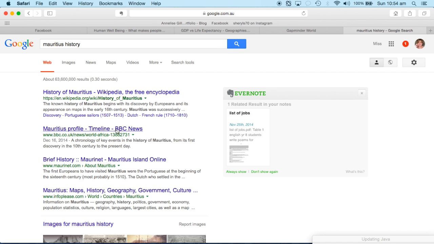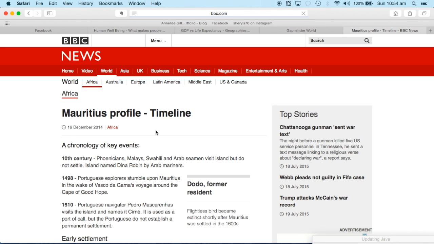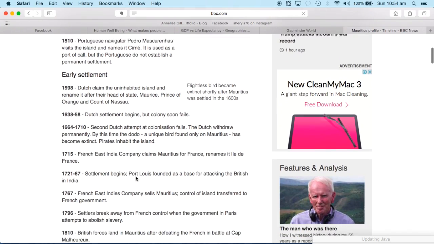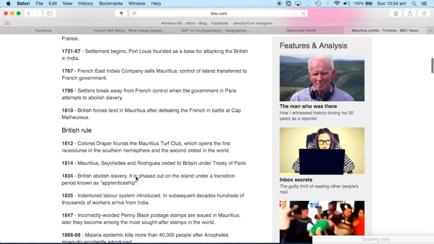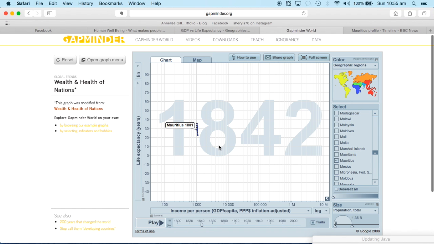Okay, so we have a Mauritius timeline by the BBC News. So also looking at who produces the website can give you an indication about how authentic it is and how much you should believe the website. So now this provides us with a lot more information about that. So let's just click back to the graph.